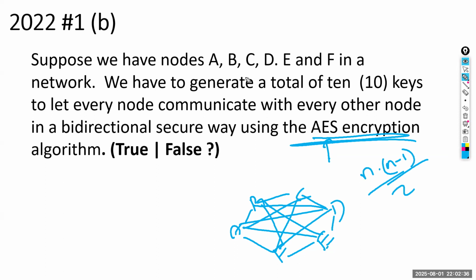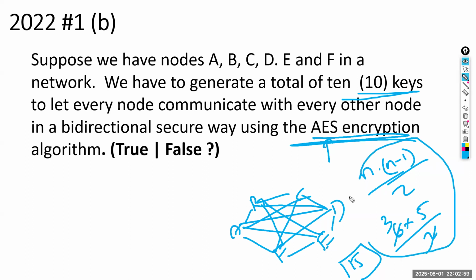Here n is 1, 2, 3, 4, 5, 6. So 6 times 5 divided by 2. You need 15 keys if everyone is communicating with each other using symmetric key cryptography. So the answer is 15, but this says 10. So you need to say false, do this calculation, and say that it is not 10, it is 15.